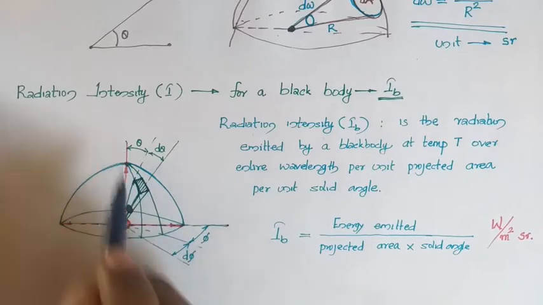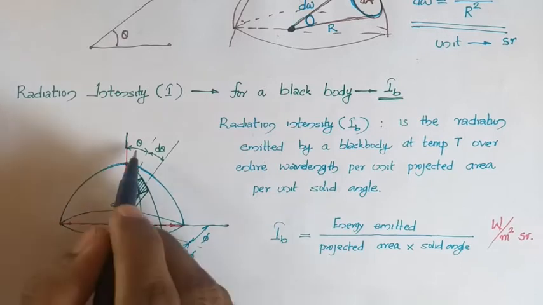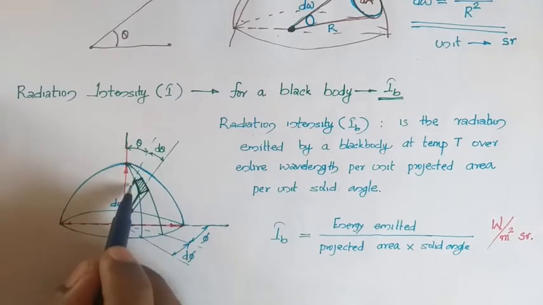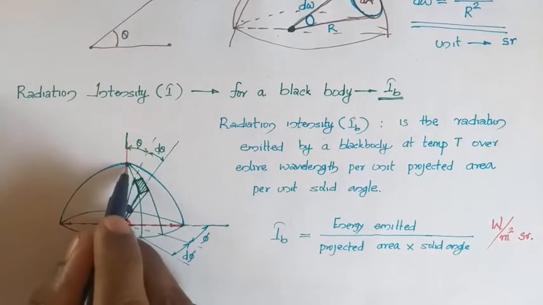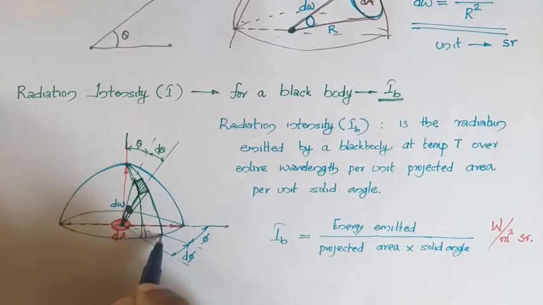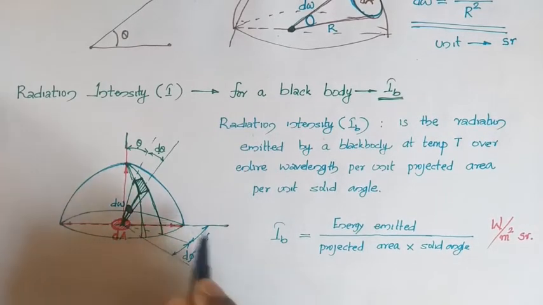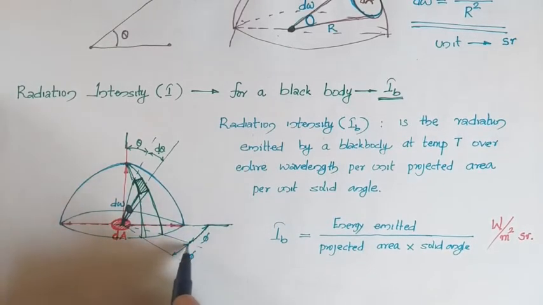With respect to the vertical, or normal to dA, the angle is theta, and the variation over this element will be d theta in this direction. And again I can project the element onto this sphere in this direction, and that element is lying at an angle phi with respect to this direction, and it is projected over a d phi angle in this direction.